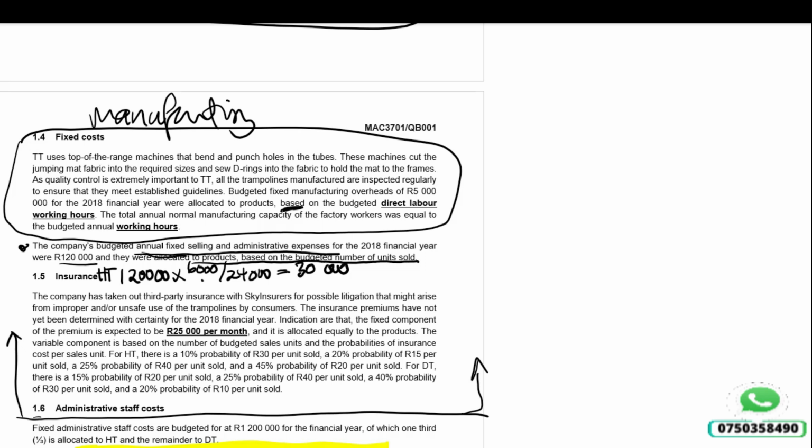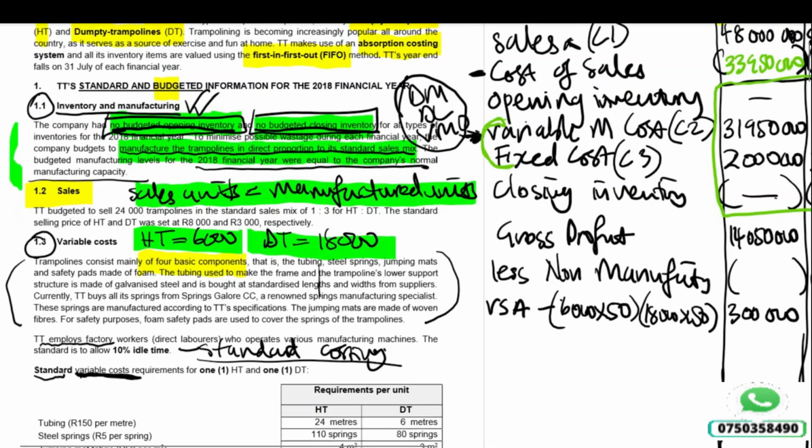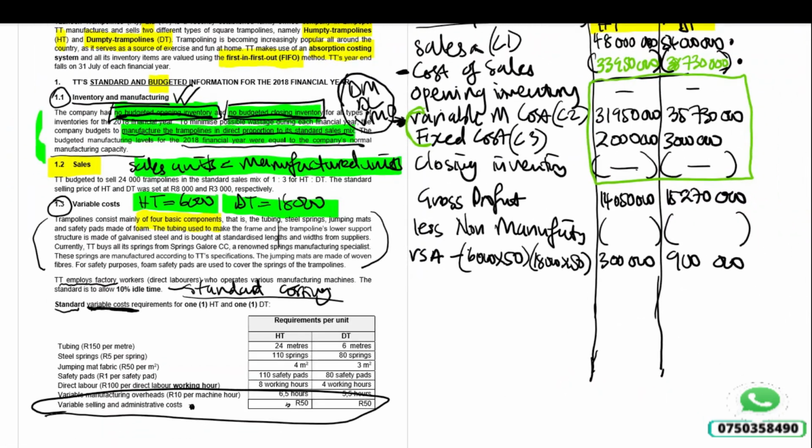And then for DT, it's going to be 120,000 again, multiplied by 18,000, because I sold 18,000 units of DT over 24,000, which equals 90,000. So this is how it's supposed to be calculated. I come back to my statement. I had the variable selling and admin here.